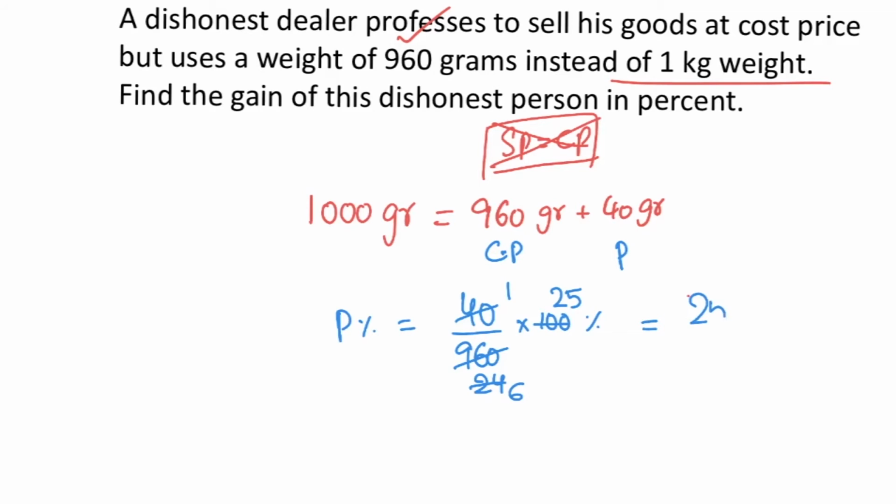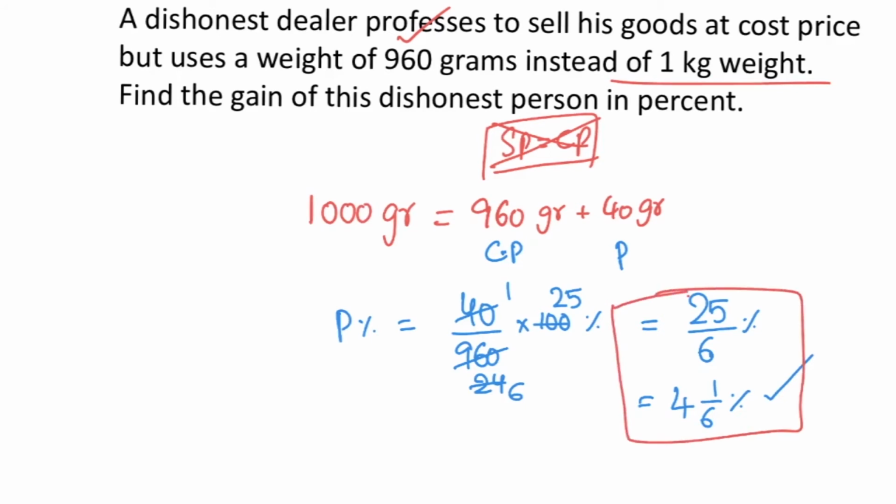So profit percent is 25 by 6%. 6 fours are 24, 1 left, 4 1 by 6% is the answer. So profit percent is either 25 by 6 or 4 1 by 6 as given in the options.